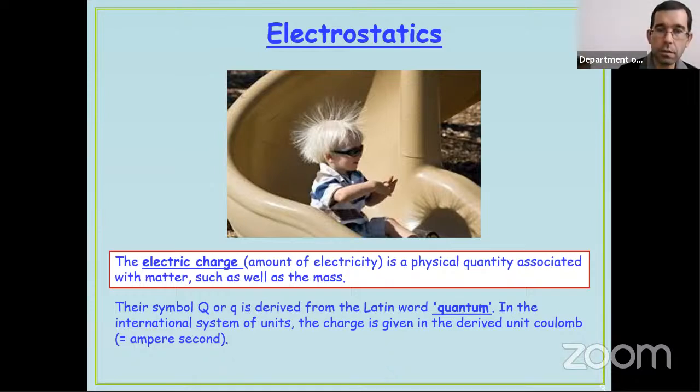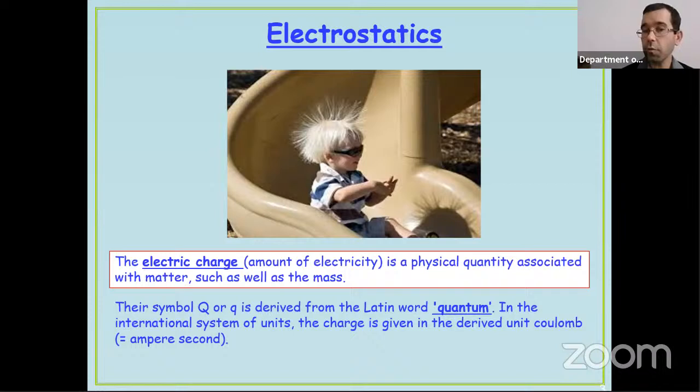How can we first of all define the electric charge? It's a hard task. It's a physical quantity that is associated with matter, similarly to mass. We know that it's not a real definition because thereby we just categorize the electric charge and we get no actual understanding about it.